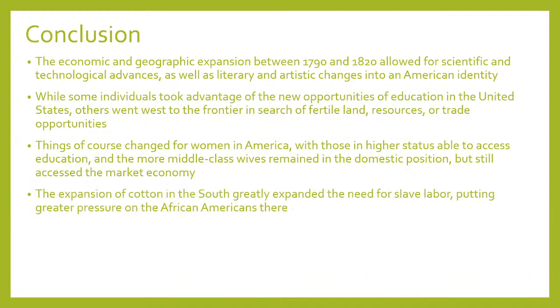Obviously, expansion of cotton expanded the need for slave labor, and of course made it more difficult for African Americans. I'm not going against what I said a minute ago, where things were slightly better for African Americans in that they weren't being worked to death, but they were still being worked constantly now.